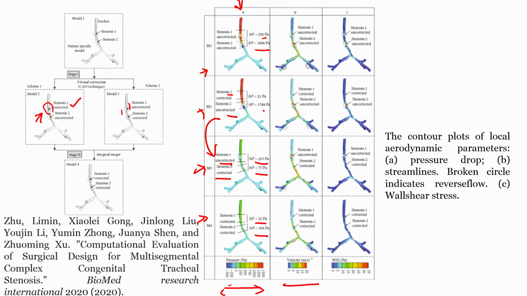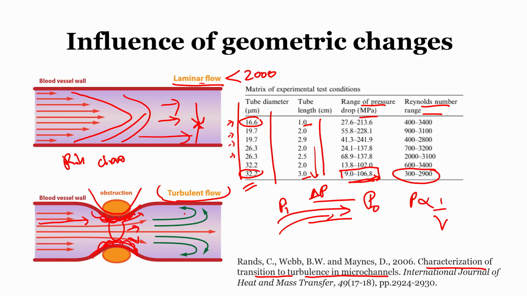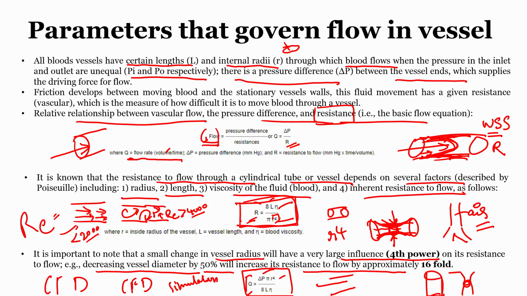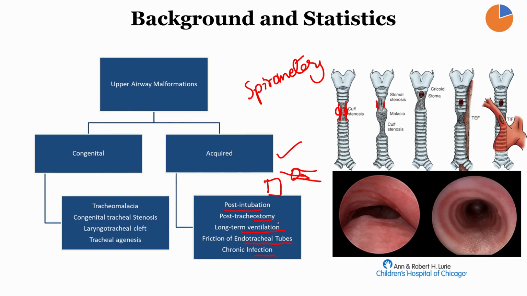And here again velocity has been analyzed, and here the wall shear stress, from equation 1, the resistance that we had understood in our first slide, how R plays a significant role. Here the resistance to the fluid flow depends on the length, the channel radius, and also the viscosity of the fluid. So, what offers the resistance here?